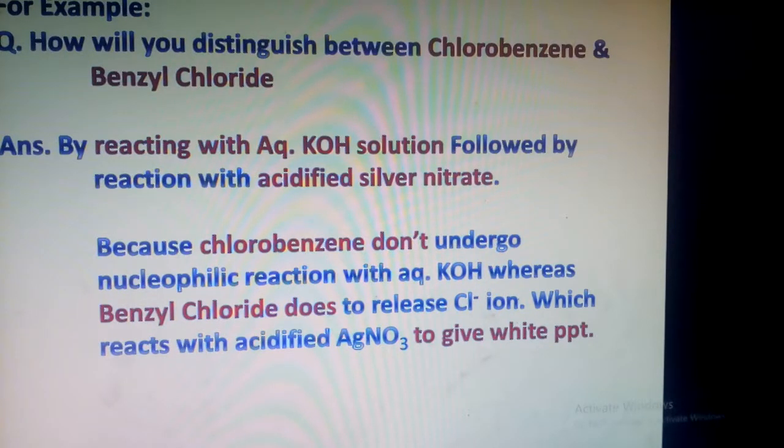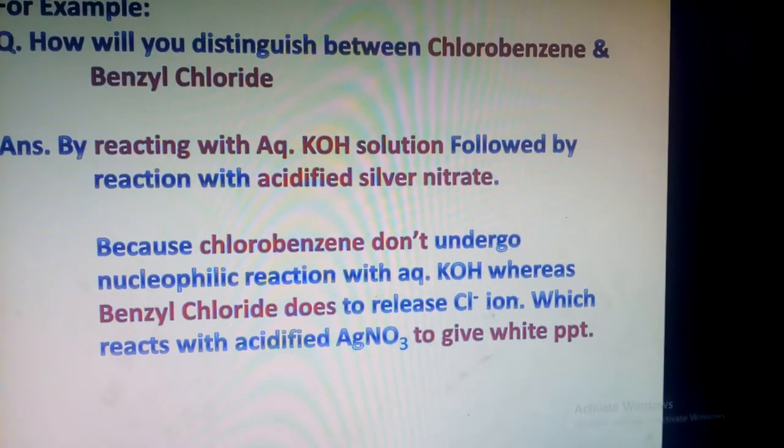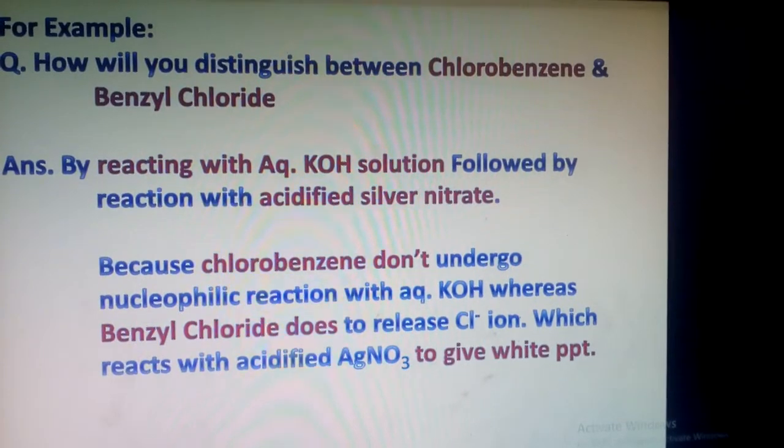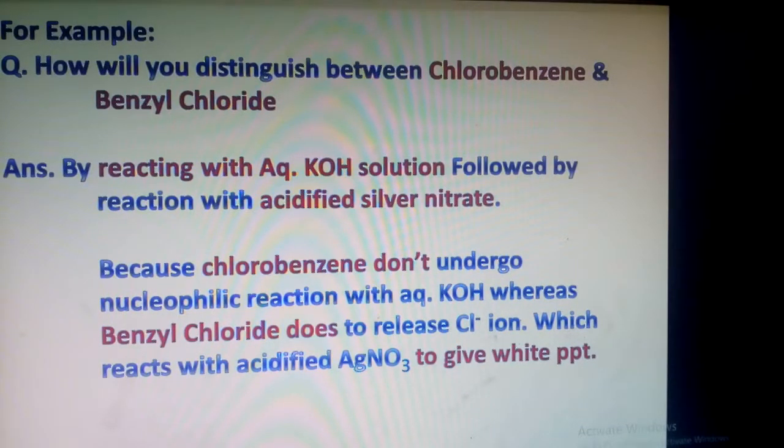As these chemical tests are basically practical based, the observation can be either odor, smell, color change or precipitate formation. For example, if the question is distinguish between chlorobenzene and benzyl chloride, then as we know, chlorobenzene is a haloarene and in benzyl chloride the halogen is not directly linked to the benzene ring.